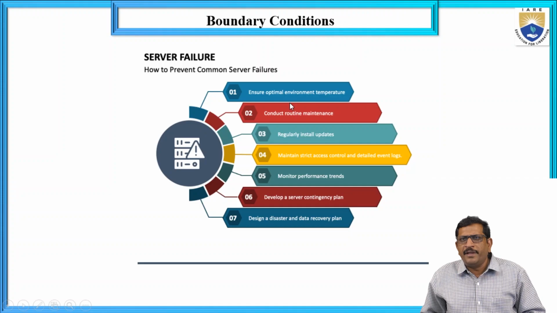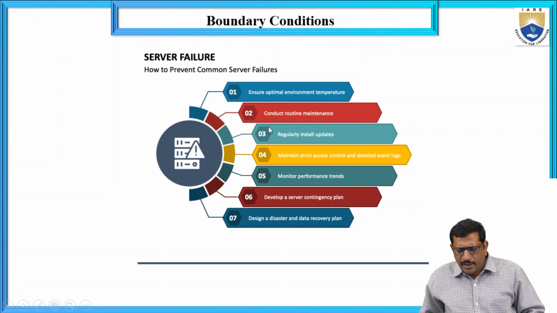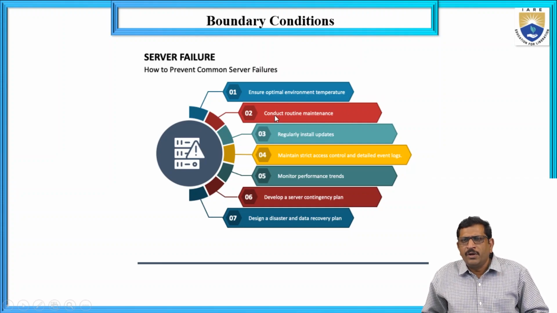We have to maintain the server room at an optimum temperature, that means minimizing the temperature level in the server room. And conduct routine maintenance. The maintenance should be every 1 week, every 2 weeks, every 3 weeks, or monthly.